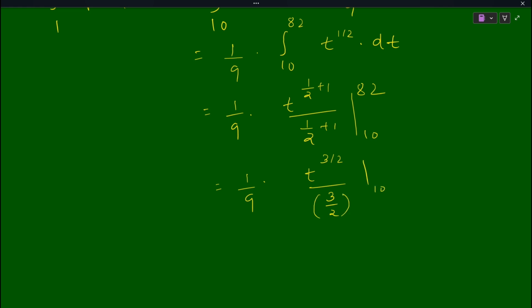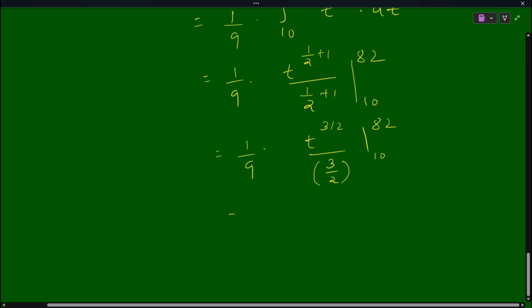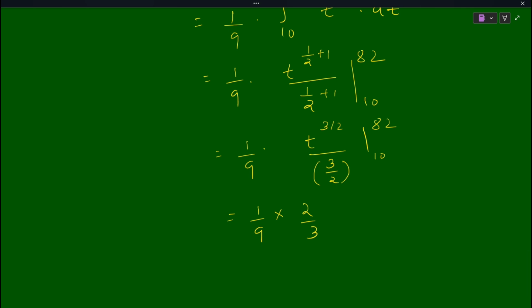As the limits are of only t, we can take this constant outside. So this value would be 1 by 9 into 2 by 3 into t to the power 3 by 2, and the limits are from 10 to 82.